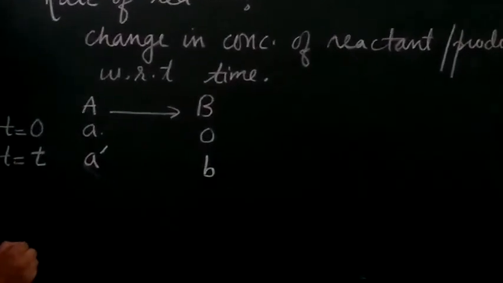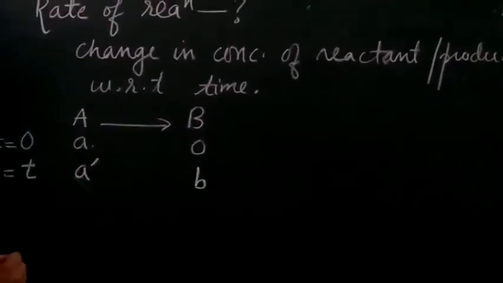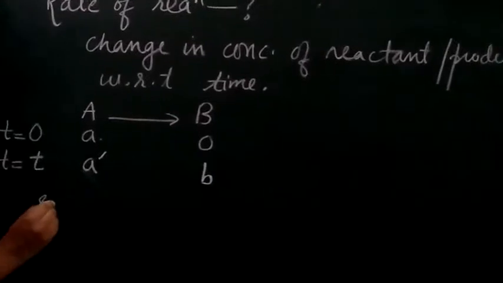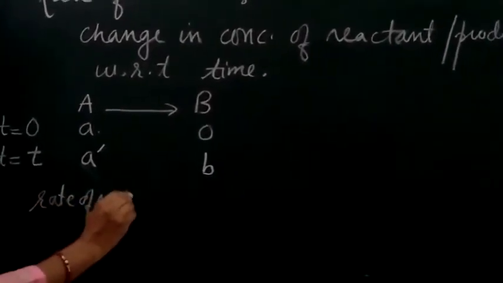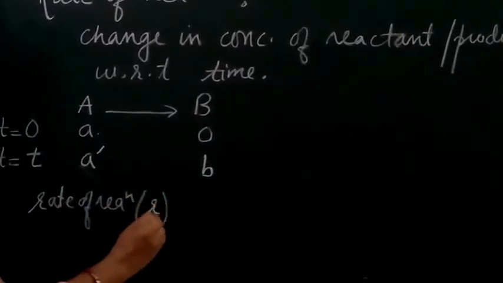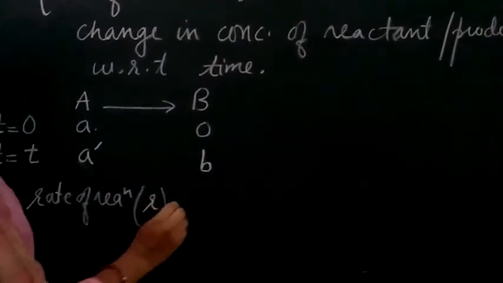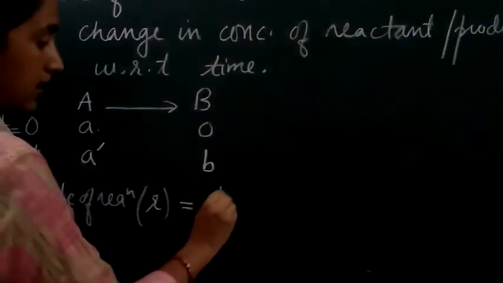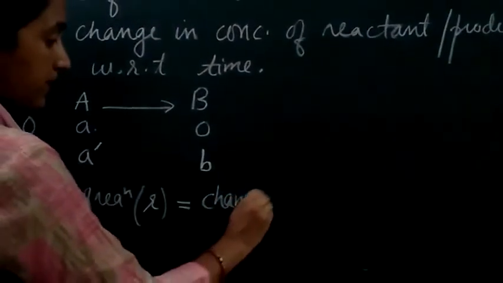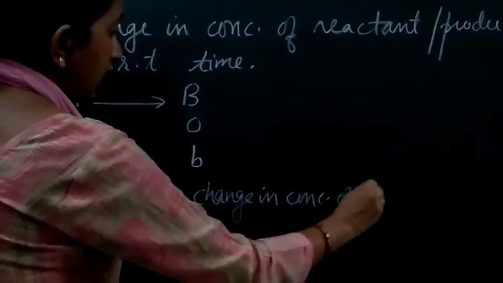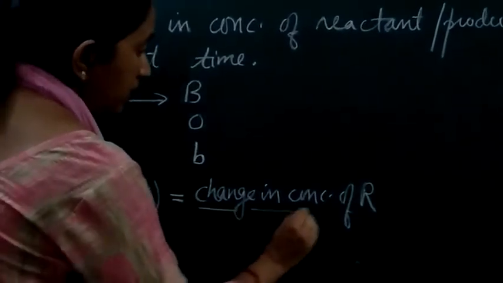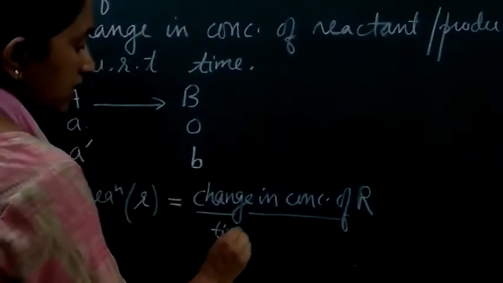Now we have to express the rate of the reaction. So the rate of reaction, I'm denoting it here with small r, right? The rate of the reaction will be the change in concentration of reactant upon time taken for the change.